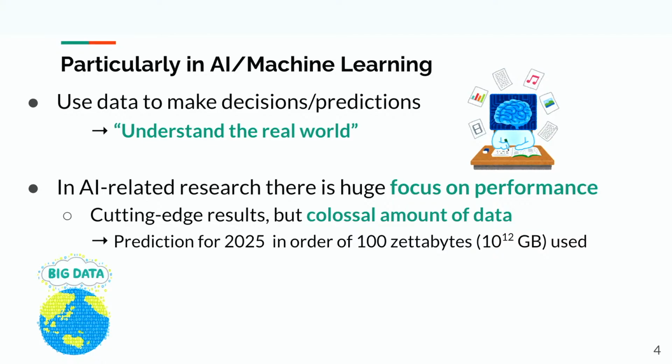In current AI-related research, there's a humongous focus on performance. Which is great because that's what gives us our technologies that work, anything cutting edge, but it requires a colossal amount of data. To give you an idea, the prediction is that in 2025, the data associated with all of this will be in the order of 100 zettabytes. That's a lot of data.